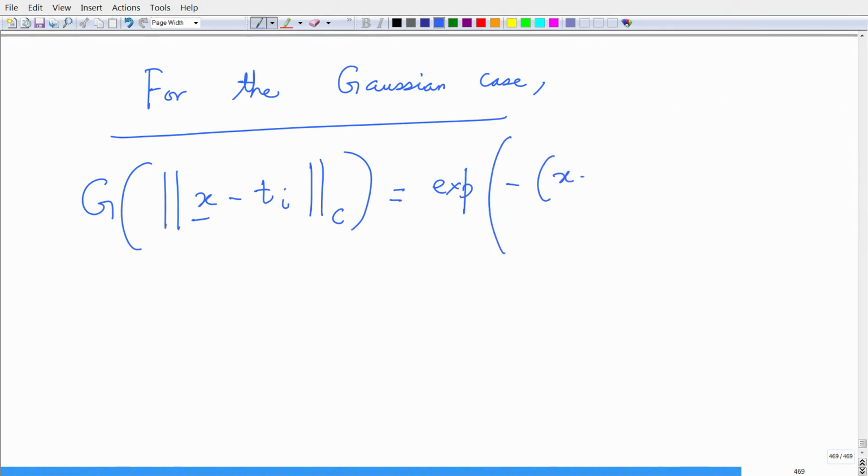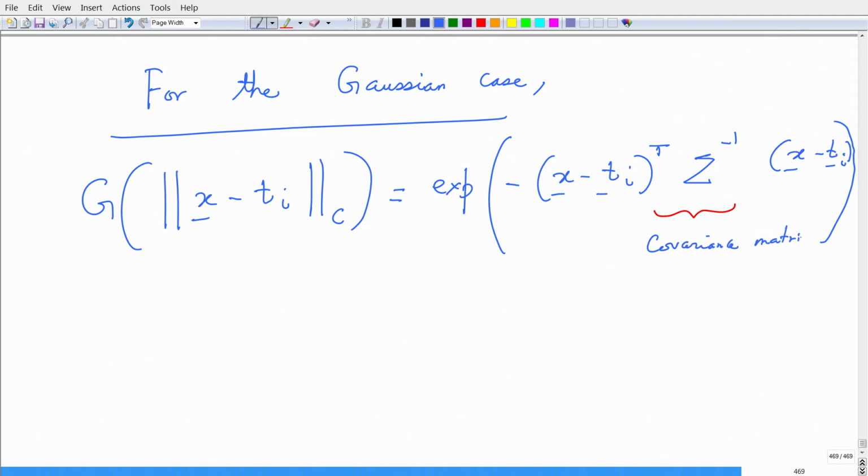You have x minus ti transposed times sigma inverse times x minus ti, right, and this is the familiar covariance matrix. That is how our distribution is written. And in the weighing sense, we can say the sigma inverse is written like C transposed times C, the way I described earlier.